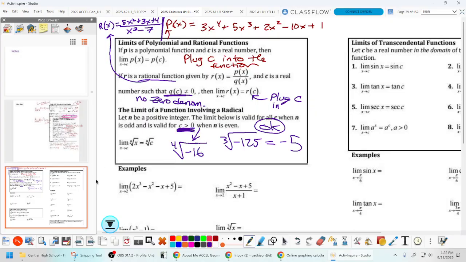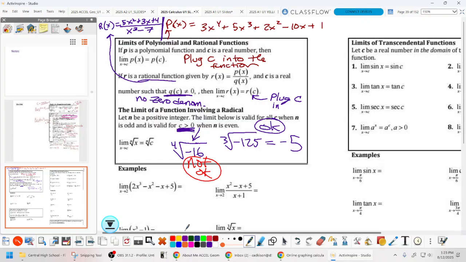Well, can you do an even root of a negative? No, because there is no such way to multiply something an even number of times and make a negative number. So this is not okay. If you need more explanation on that, why don't you come in and get some help, and I'll remind you of the algebra.